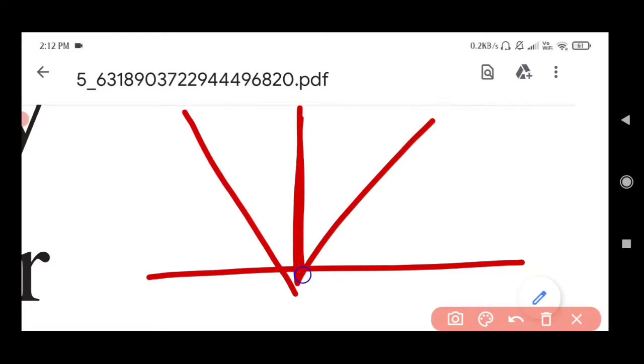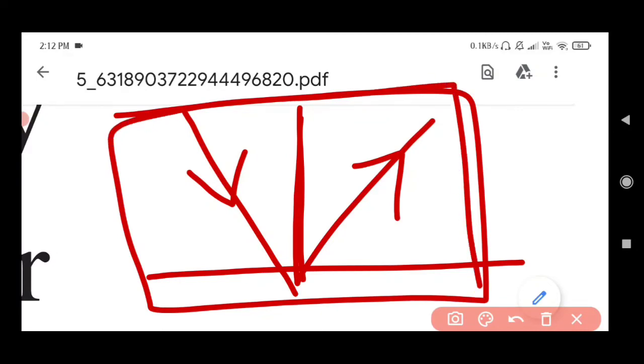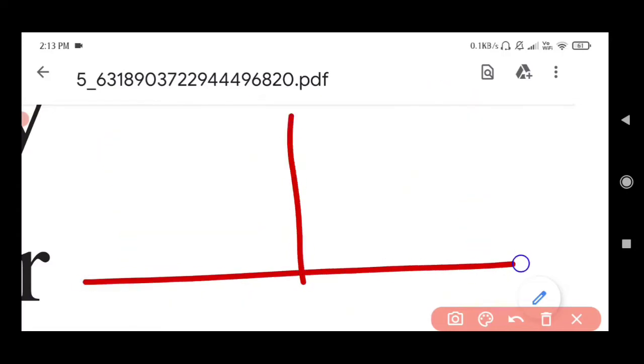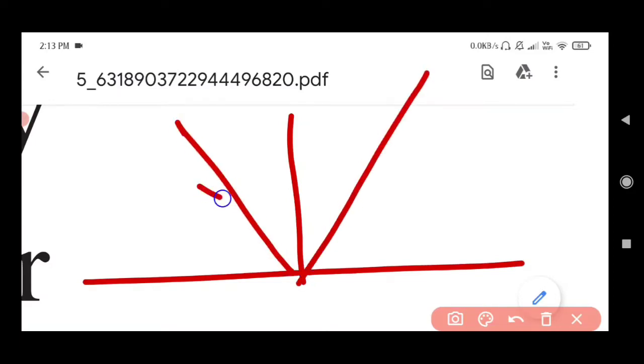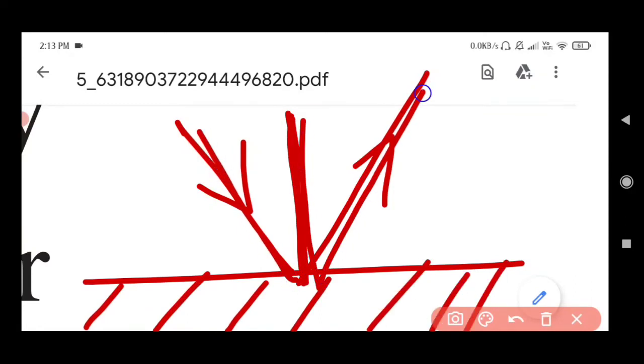But I am drawing all these three rays, that is the normal, incident ray and reflected ray, in the same plane, that is the x plane, or if you draw vertically, that will be a y plane. See, I have drawn these three lines on my screen: incident, reflected, and this is the normal. So I am drawing them on a single plane.